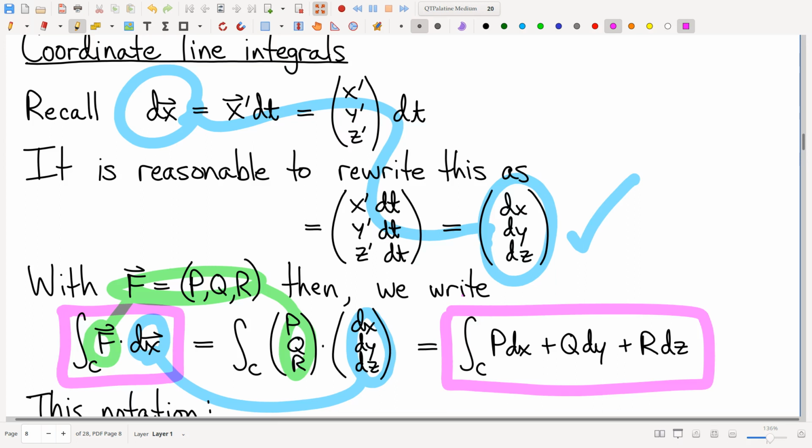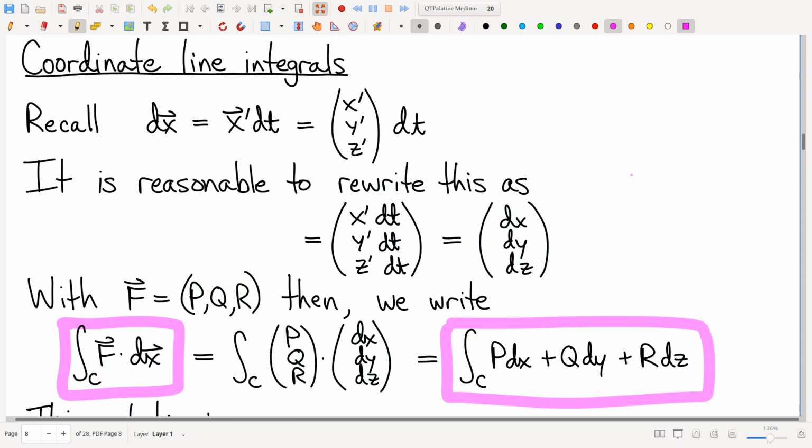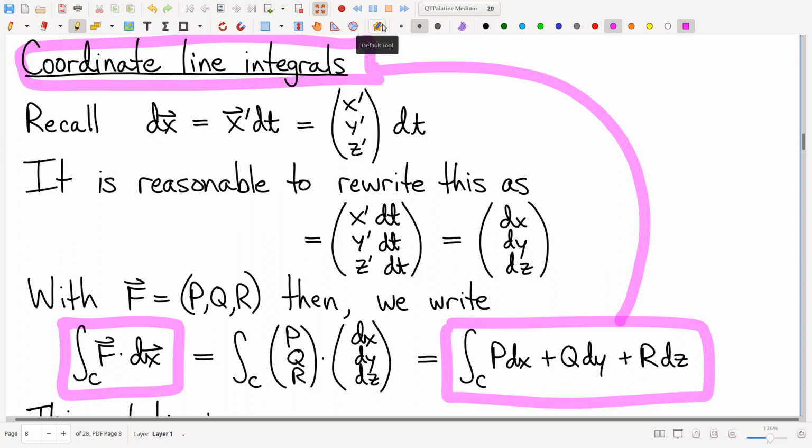And again, nothing's new here mathematically, really, right? We're just taking what we already had and writing it out in coordinates. So this is what we call a coordinate line integral. It's just an alternative notation for a vector line integral. Is that cool? Everybody on board with that?